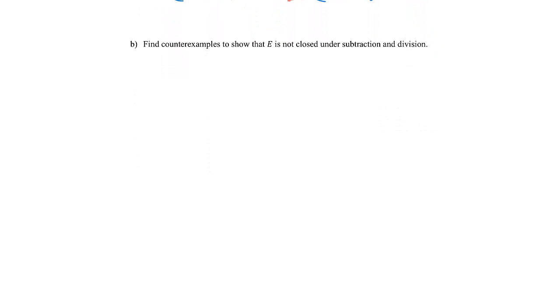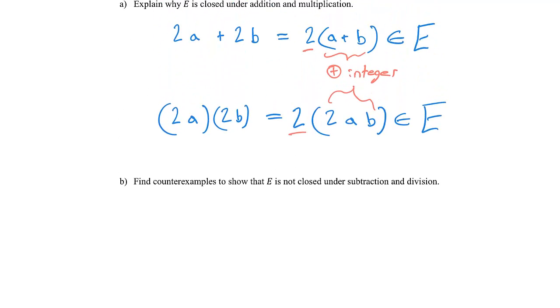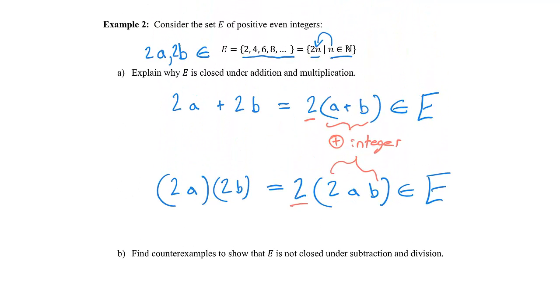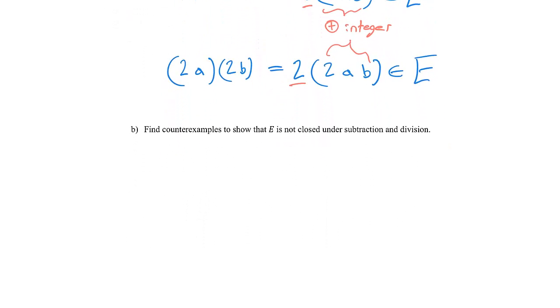Okay, now let's try something different. Let's find counterexamples to show that E is not closed under subtraction and division. So if we take two numbers from this set and we subtract, is it possible to get outside of the set? So let's just take, for example, 6 minus 2. If we take 6 minus 2, we get 4.